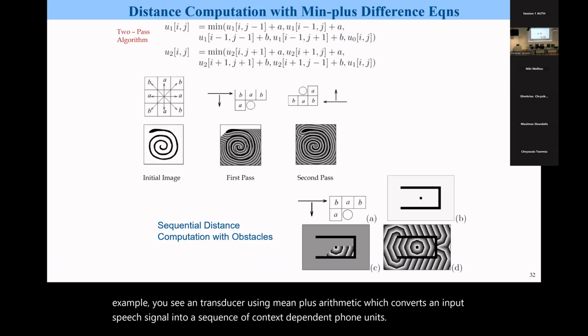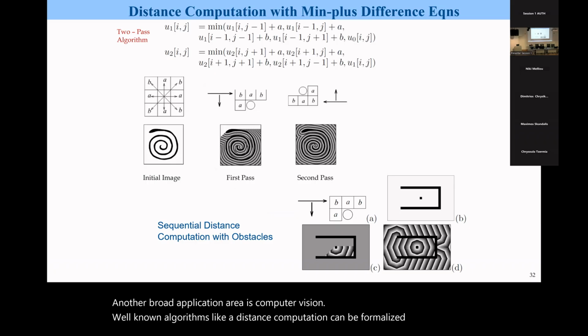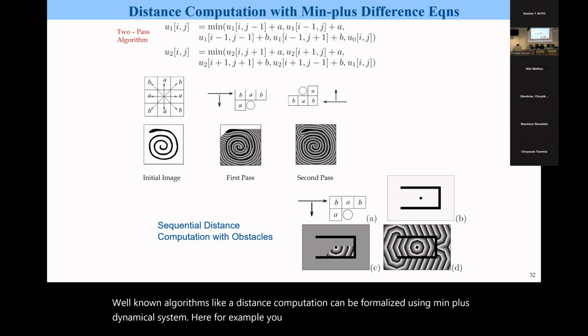Another broad application area is computer vision. Well-known algorithms like distance computation can be formalized using min plus dynamical systems. Here, for example, you see a shape, like this spiral shape, and the goal here is to obtain its distance function.